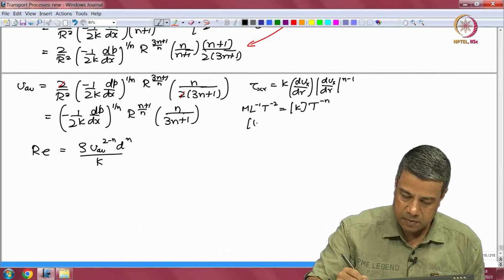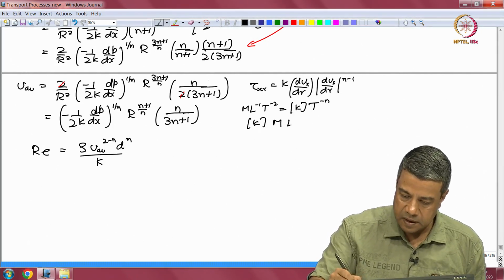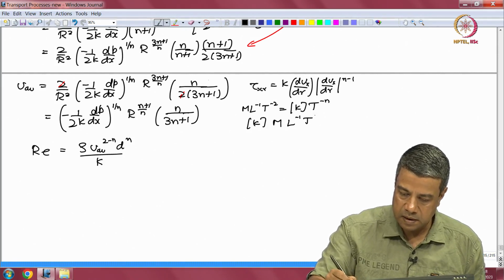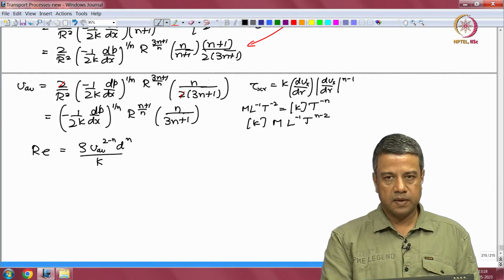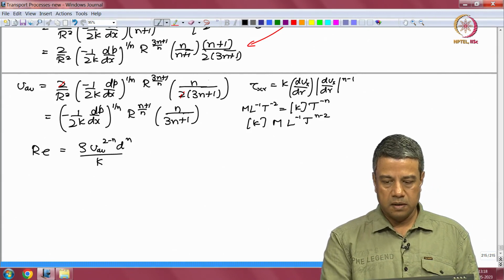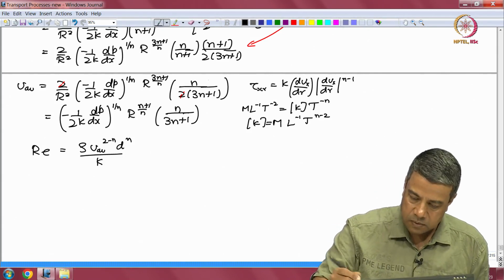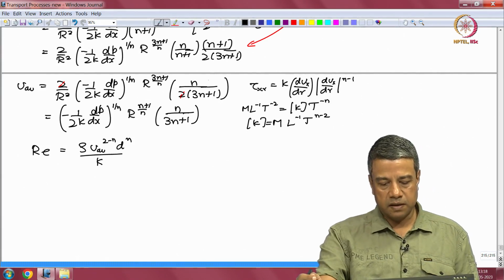Therefore, K has dimensions of m L inverse T power n minus 2. If n is equal to 1, it is a Newtonian fluid, it is L inverse T inverse.